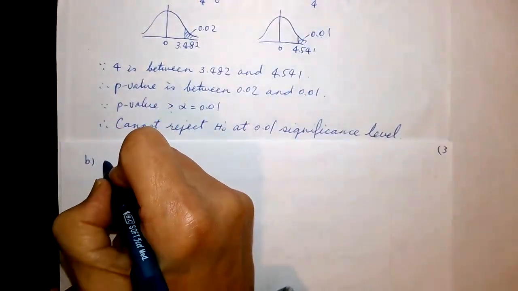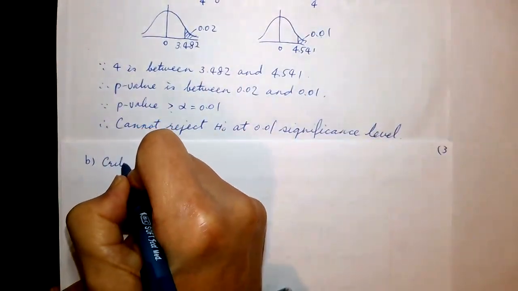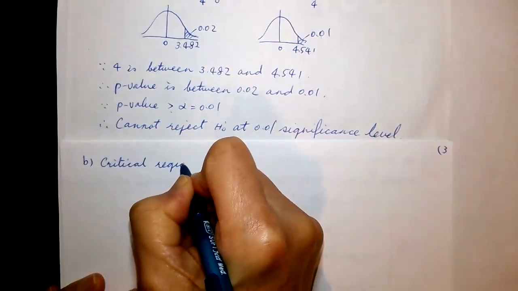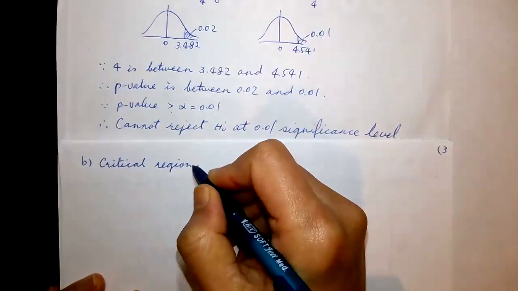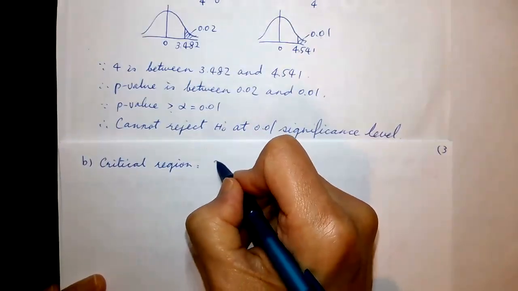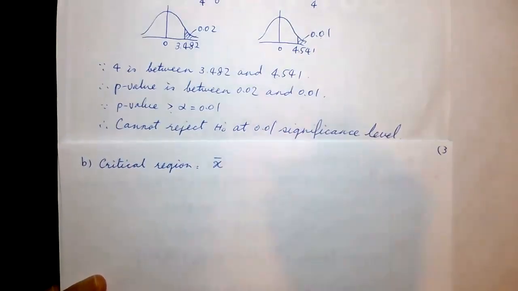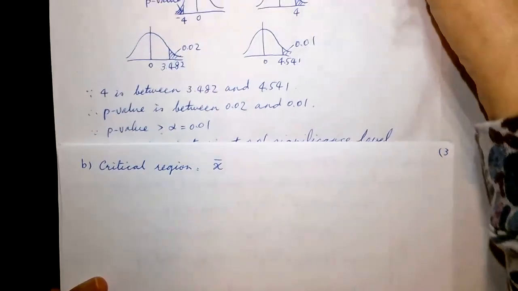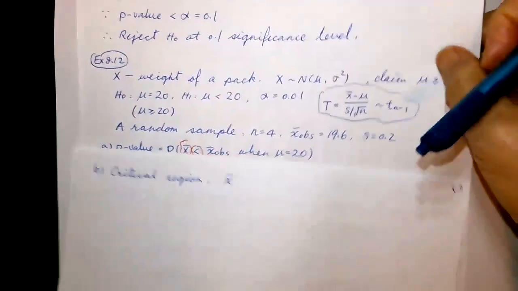Critical region method. Critical region is a region for X bar. If X bar is too bad in supporting H naught, you reject H naught and you accept H1.